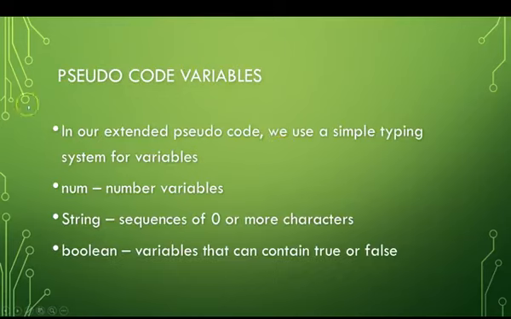So one thing I wanted to mention, I used in the last program, I didn't talk about it too much, is we've added simple typing for our variables. So we have three types of variables. The first is a number, and that's any variable that holds a number, and in the pseudocode we won't worry about what kind of number it is. Later on in Java, you'll see that there are many different kinds of numeric variables.